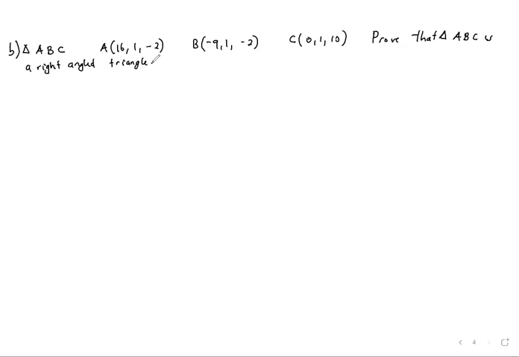Okay, so if we are to draw something like this, suppose we put A here (16, 1, -2), B (-9, 1, -2), C (0, 1, 10). So A, B, C. Prove that this triangle is a right angle triangle. You need to find the vectors here.